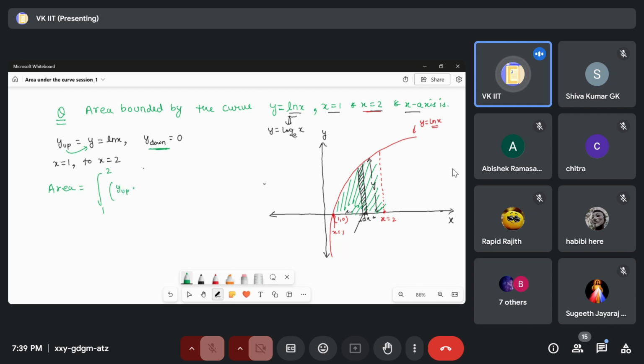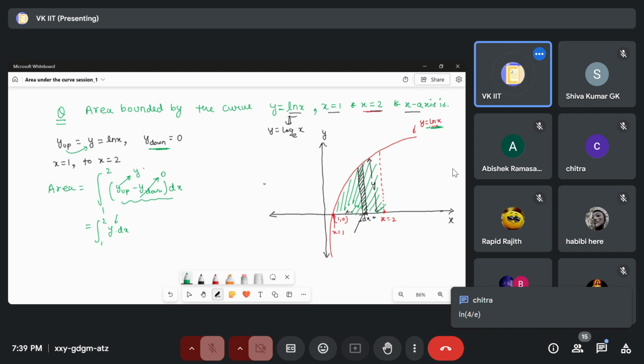But the actual meaning is this: y up minus y down into dx. This is the total area for that strip. This has gone to 0, y up is basically nothing but y. So finally it will become 1 to 2 y dx. And what is the y here actually? The function ln x. So put that ln x here: 1 to 2 ln x dx.